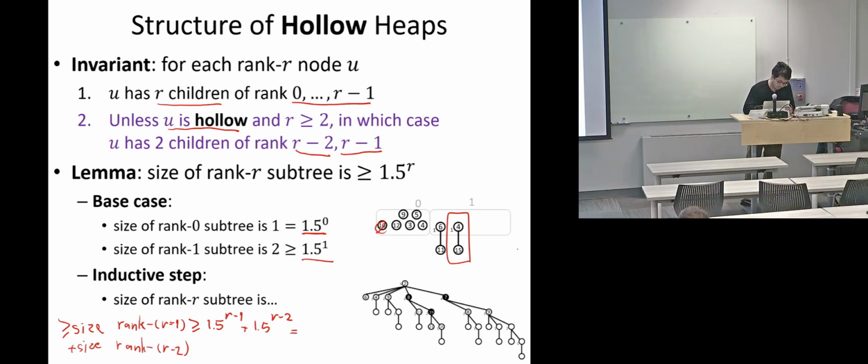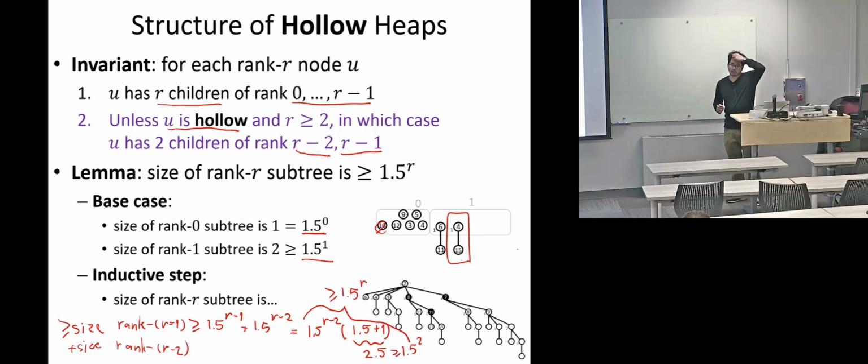And then this is what? This is 1.5 to the r minus 2 times, plus 1, so this is 2.5, which is more than 1.5 squared. So basically this whole thing is at least 1.5 to the r. So we complete the inductive step.